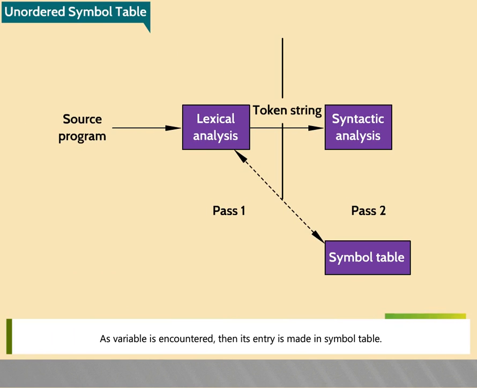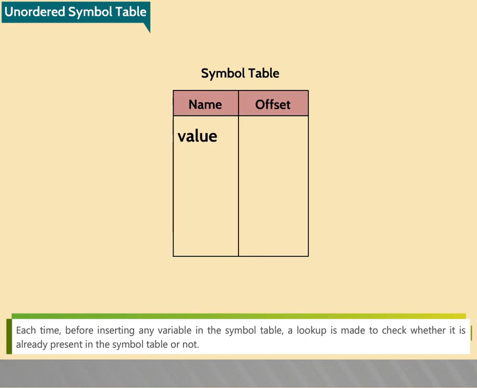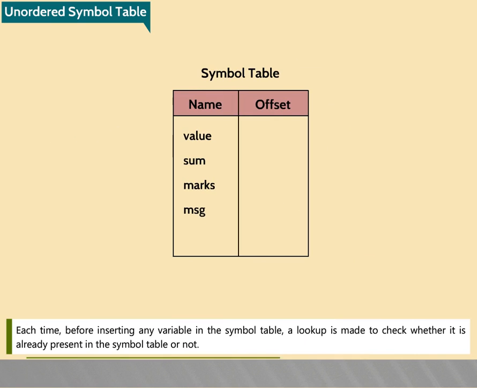Unordered symbol table. As variable is encountered, then its entry is made in symbol table. These entries are not in sorted manner. Each time, before inserting any variable in the symbol table, a lookup is made to check whether it is already present in the symbol table or not.